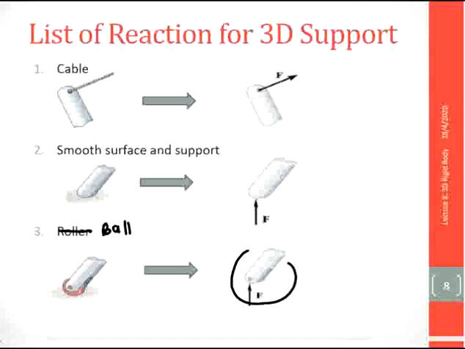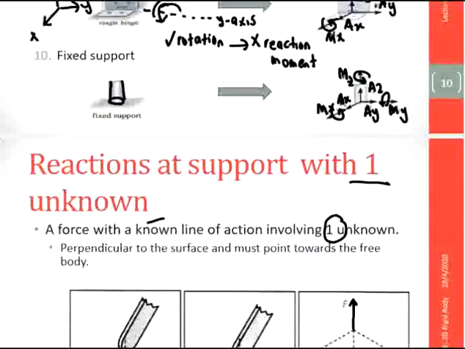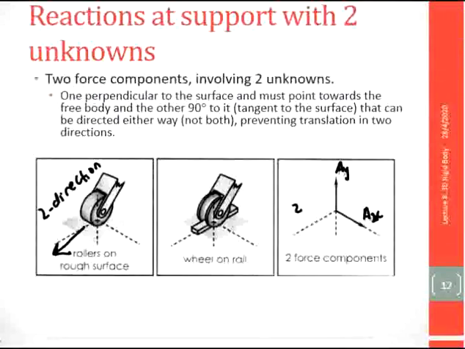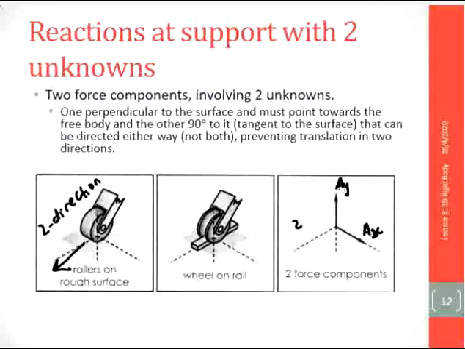So you consider this one a ball, so it can move in this direction and this direction. So that's why the reaction force is only toward up. And then, the same with wheels on rails, because it has a rail here, so it can only move in the z direction. That's why the reactions are at ay and ax. So there are two unknowns.